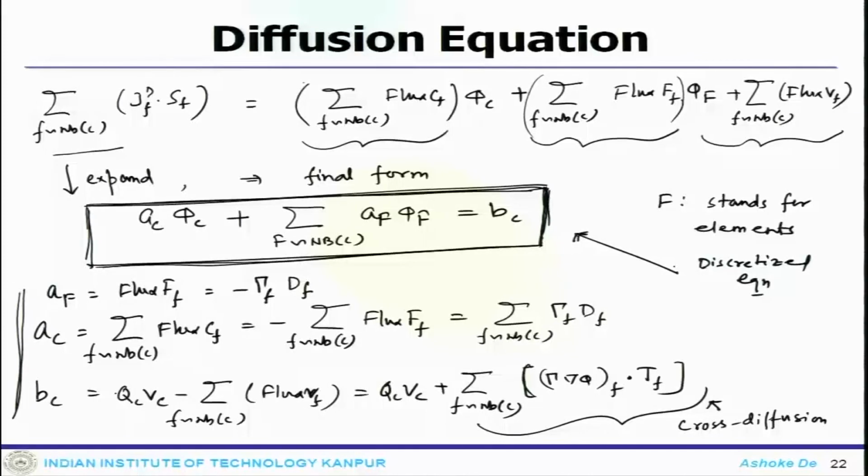For a non-orthogonal system you come across this cross diffusion term, an extra contribution that comes as a source term. If this term goes to 0, it becomes the orthogonal system, and the other things look exactly similar. So, that is where the advantage lies, that we can have the same discretized system for both orthogonal and non-orthogonal systems, used with different coefficients. So, thank you. We will discuss other things in the next lecture.